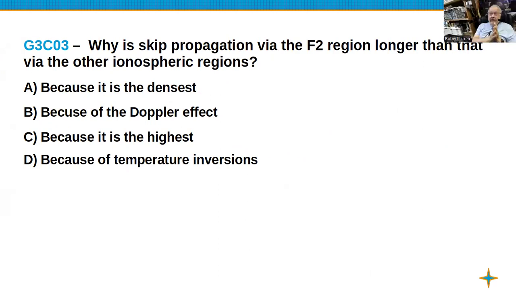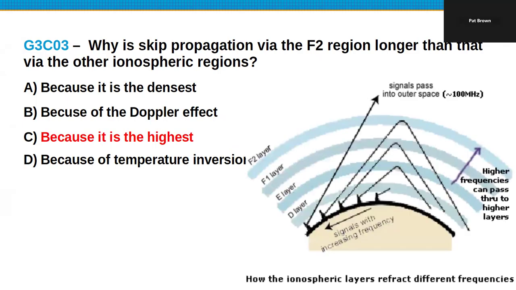Why is skip propagation via the F2 region longer than that via the other ionospheric regions? Charlie. I'll go with Charlie. And if you're above the critical frequency, you just go straight through. Well, actually, it's not entirely true. If you're slightly above, you're going to still curve, but not enough.